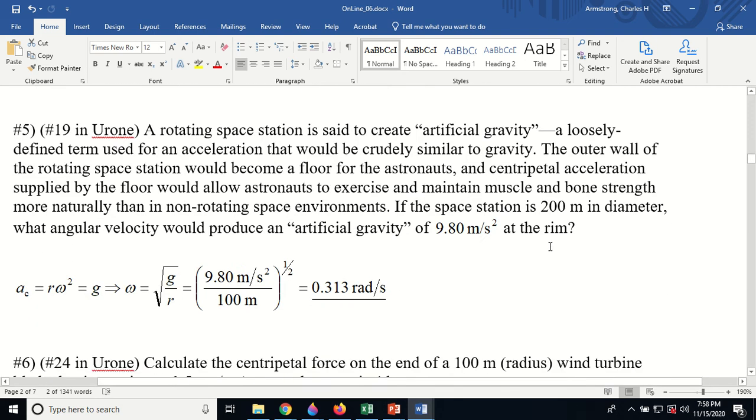Okay, a rotating space station is said to create artificial gravity, a loosely defined term used for an acceleration that would crudely be similar to gravity. I've never seen these in the United States, but I've seen a couple of foreign films, like from France, where people go into this spinning thing.